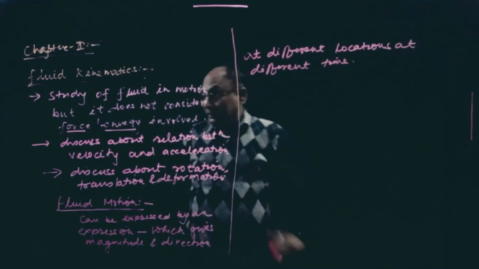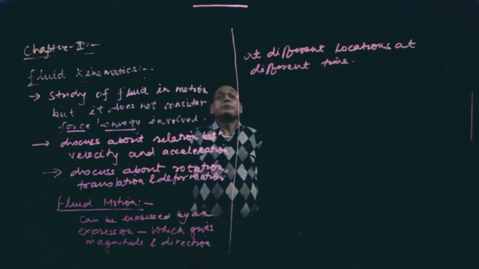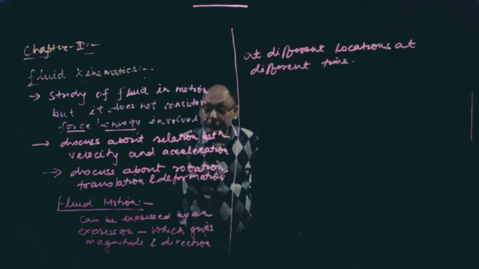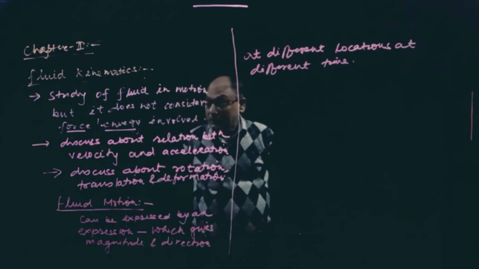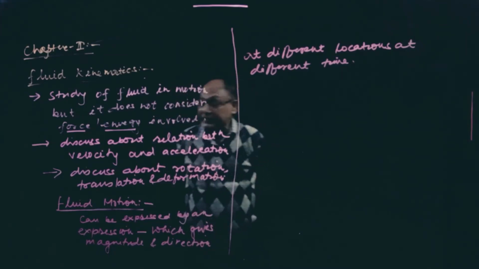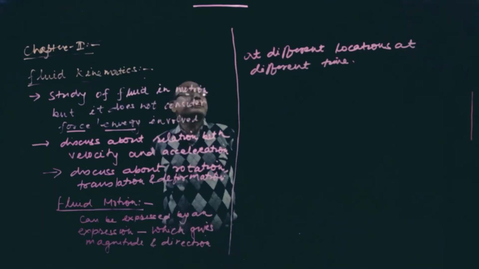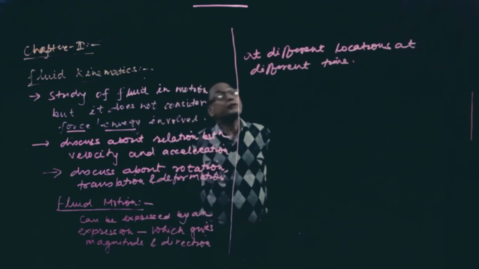Okay, see, fluid motion can be studied by an expression. If we study that expression, that will give us the magnitude as well as direction of that fluid at a particular point and at a particular time also.